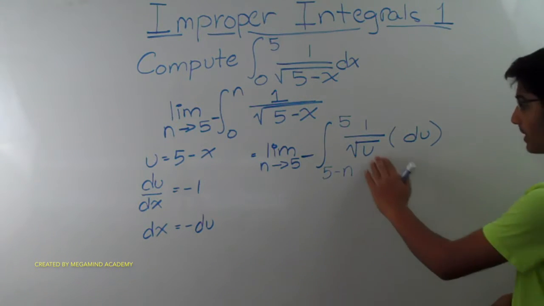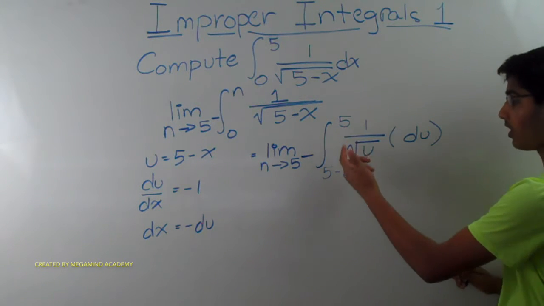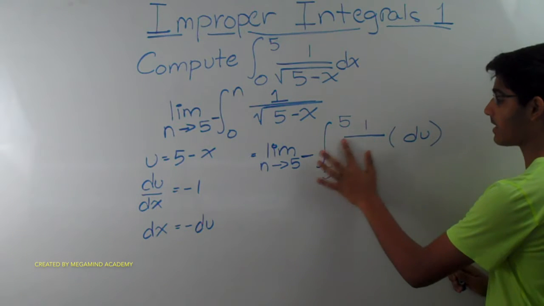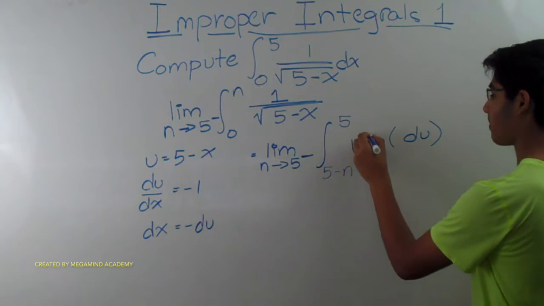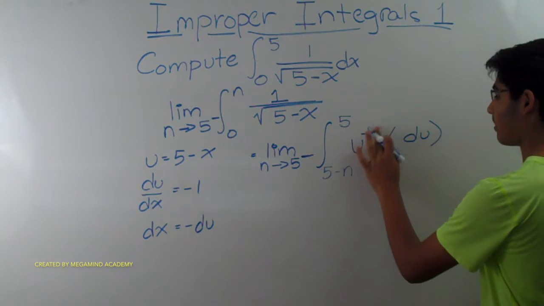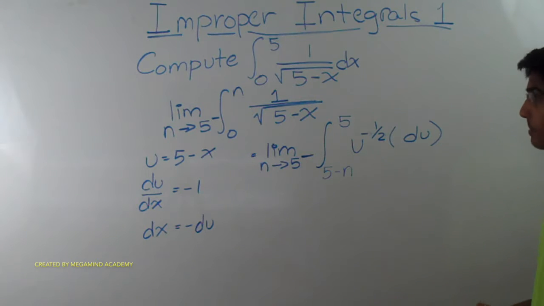So now let's solve this integral. We can rewrite the integrand, instead of 1 over the square root of u, as u to the negative 1/2 power, and we can apply the inverse power rule.